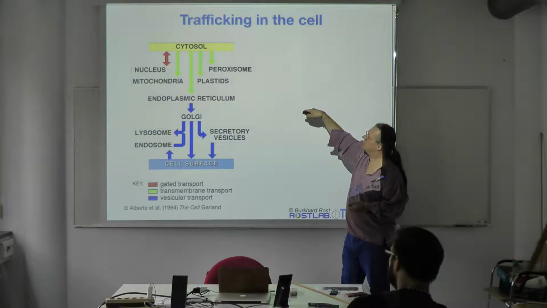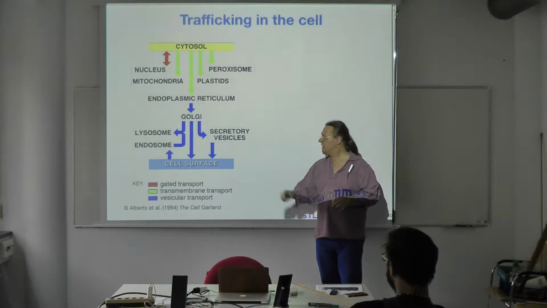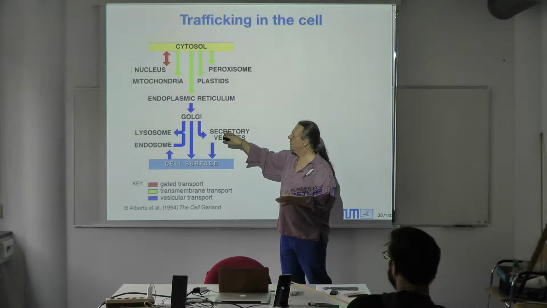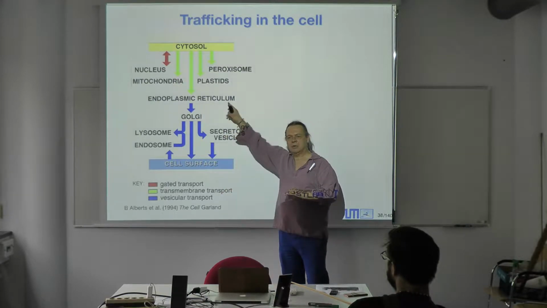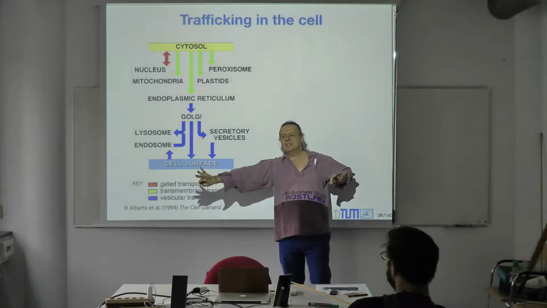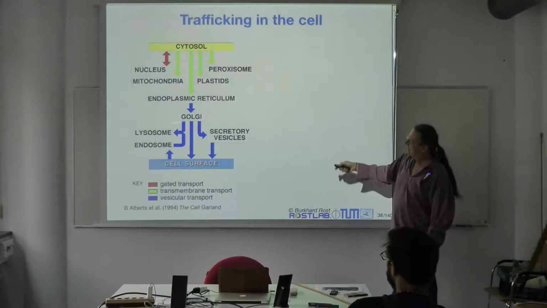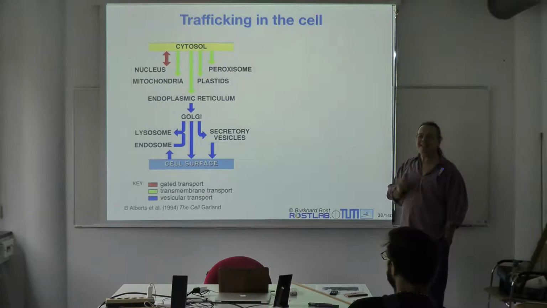You go to the nucleus, yes or no, or you go into the secretion pathway, meaning there are compartments on the way, but ultimately some of these proteins that go on the blue path will leave the cell.